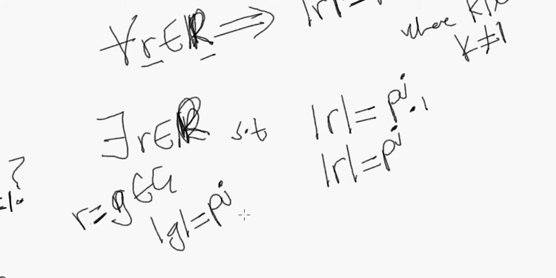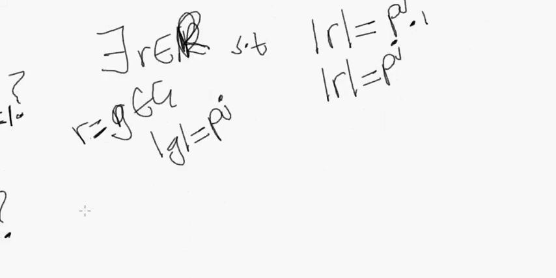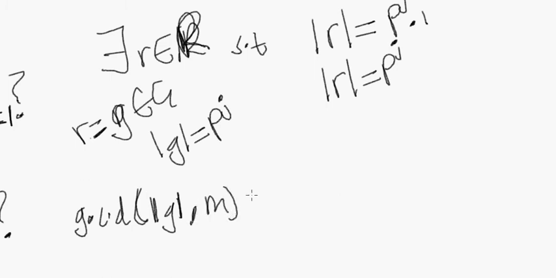and it has nothing in common with m. That is, haven't we just found some little g such that the GCD of the order of g with m actually equals 1? And isn't that a contradiction?